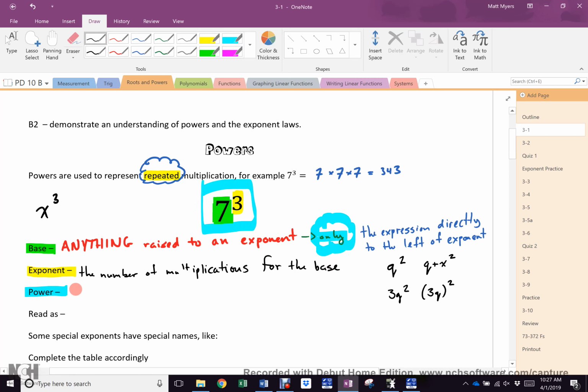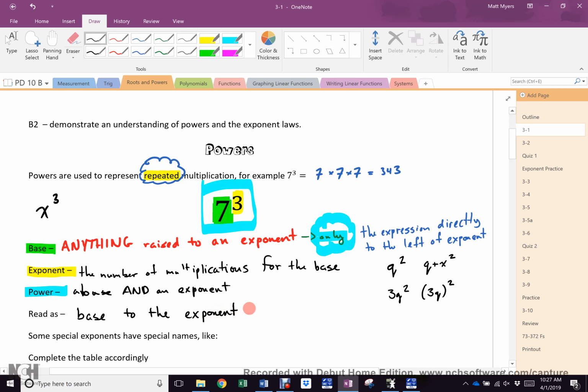The power is the whole thing. The power is not a base, you idiot. A base and an exponent. And we read that as base to the exponent and then erd, or orth, or ifth, right?